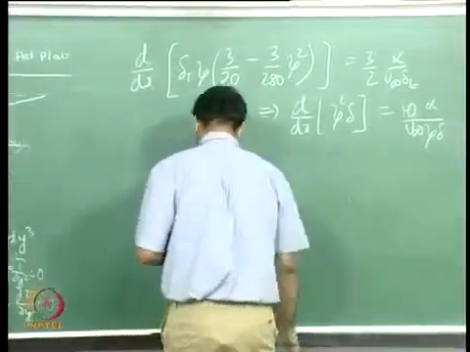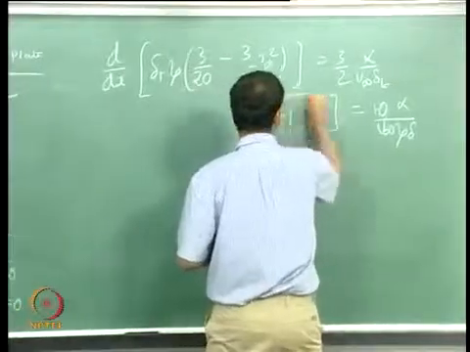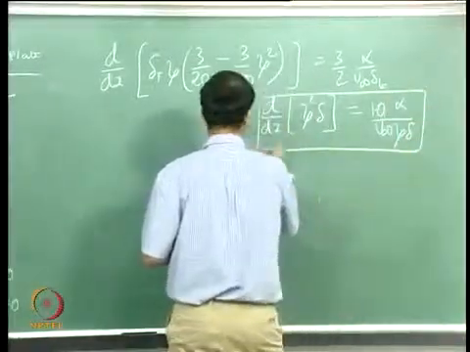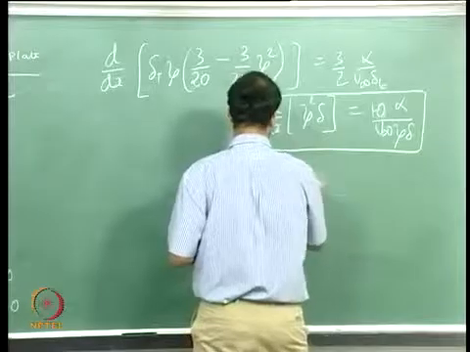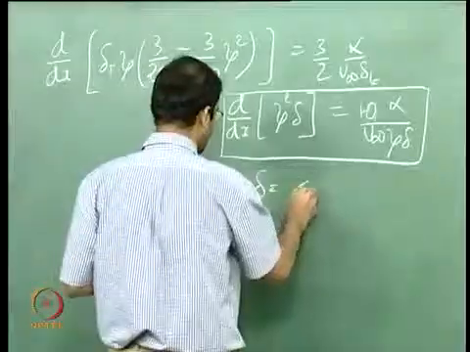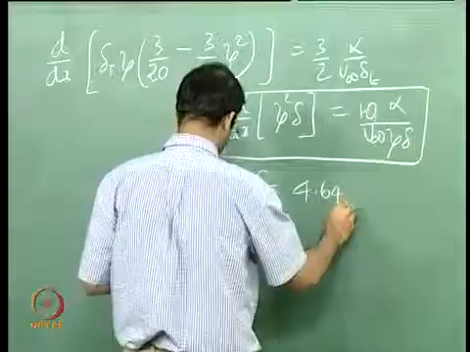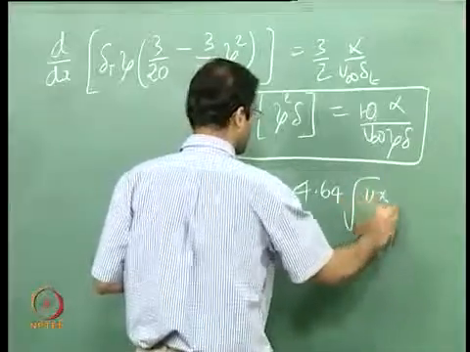So this is my equation. If I substitute for the cubic velocity profile, delta was 4.64 square root of nu x by u infinity.